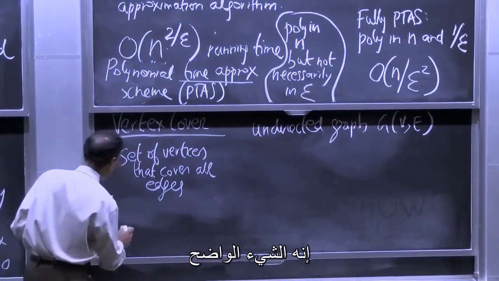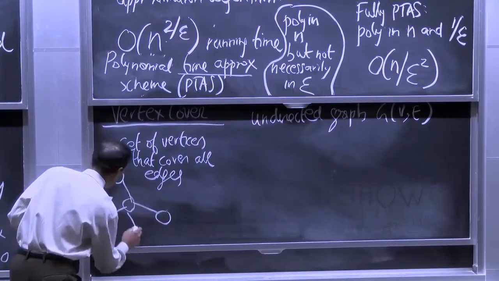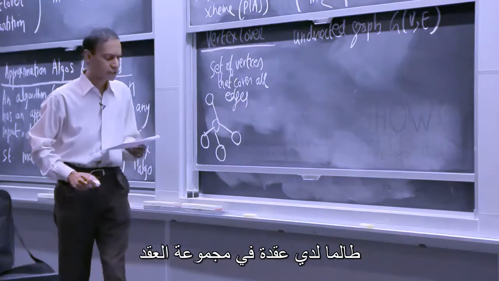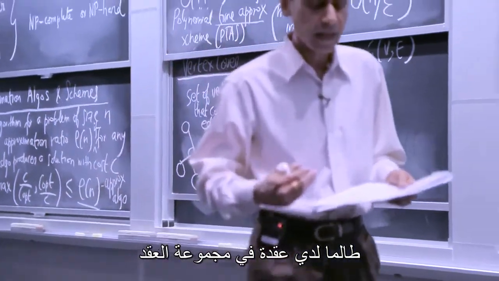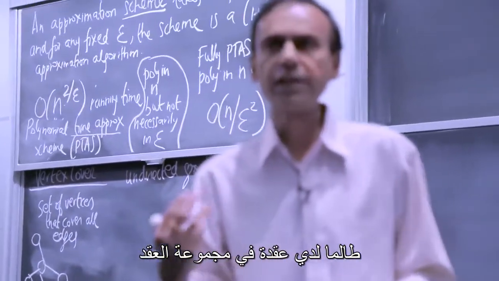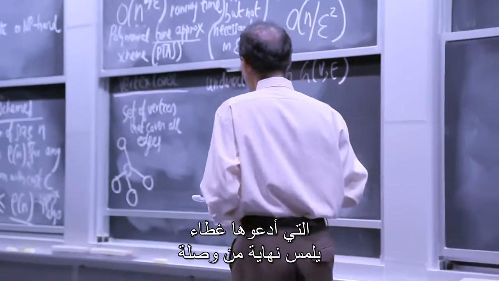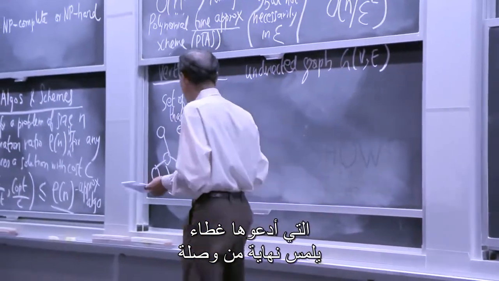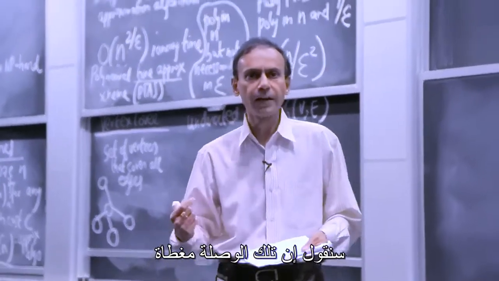It's the obvious thing. If I have something like this, as long as I have a vertex in my set of vertices that I'm calling a cover that touches one endpoint of an edge, we're going to call that edge covered. Okay?